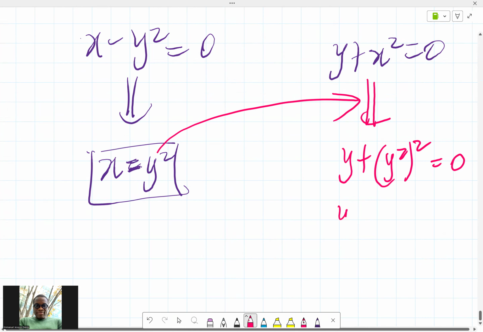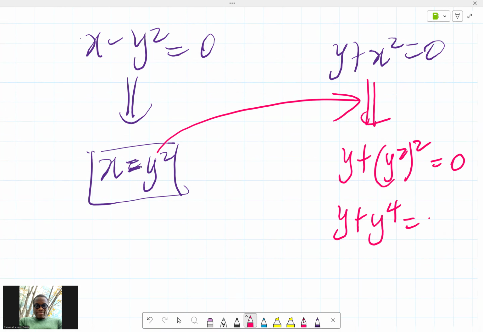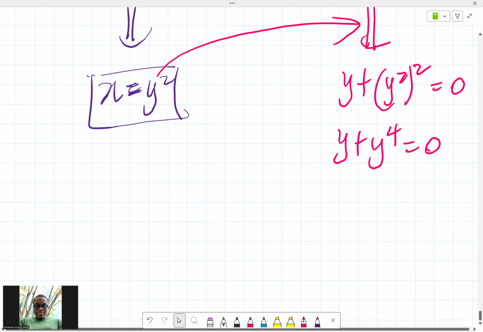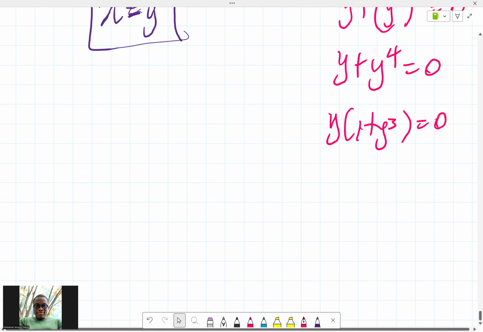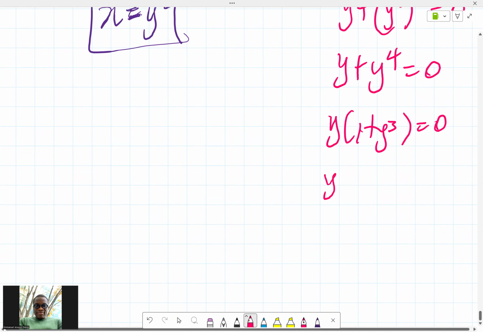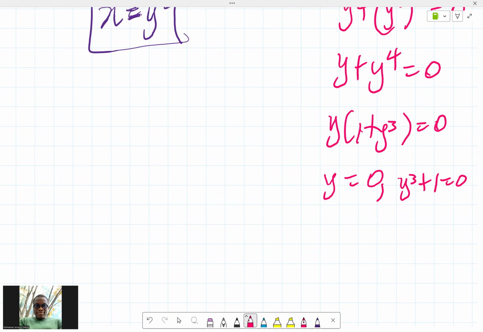So y plus y to the power 4 equals 0, which means y times (y cubed plus 1), equals 0. That simply means y is equal to 0, or y cubed plus 1 equals 0.